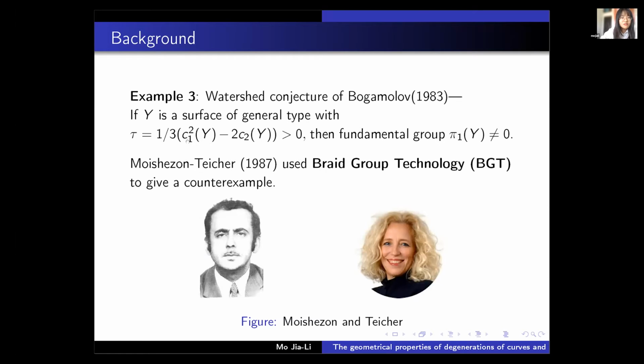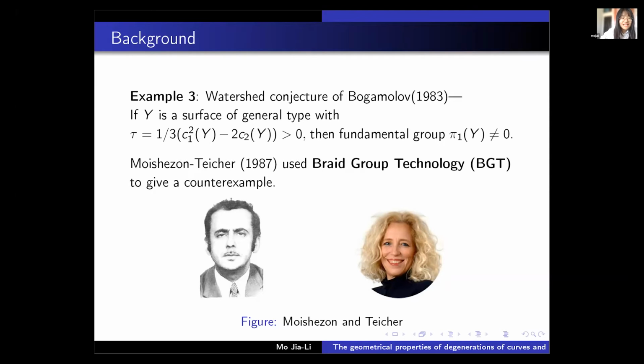Although there are many examples to show that this conclusion may be correct, it is a pity that in 1987, Moishezon and Teicher used the braid group technology to give a counterexample. These are their pictures, Moishezon and Teicher.